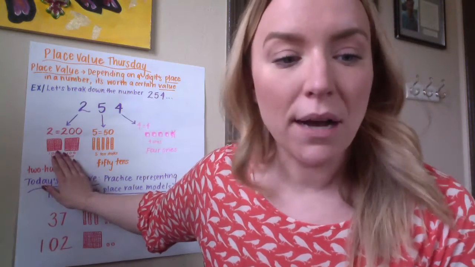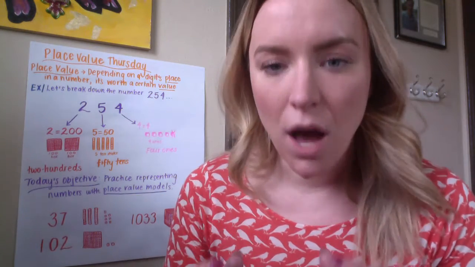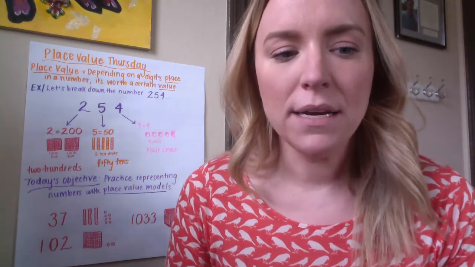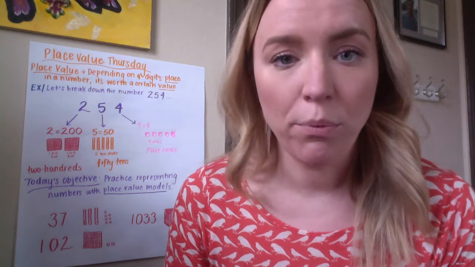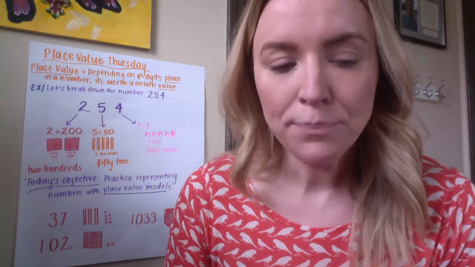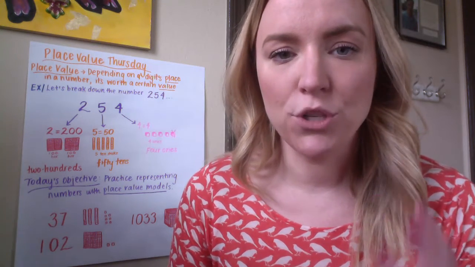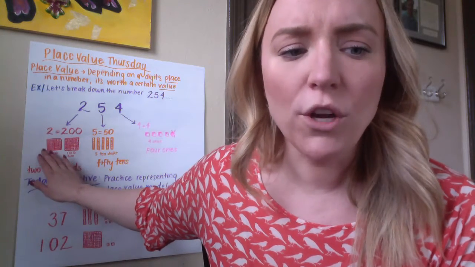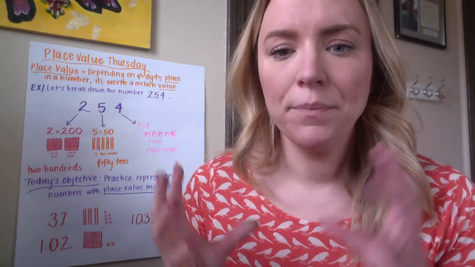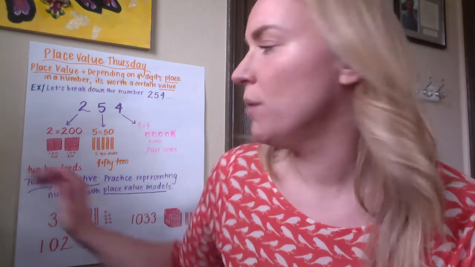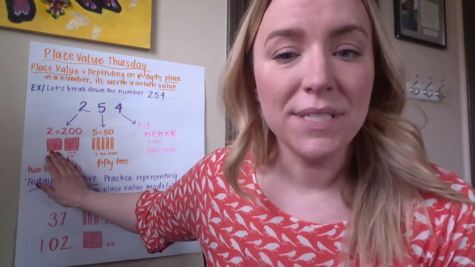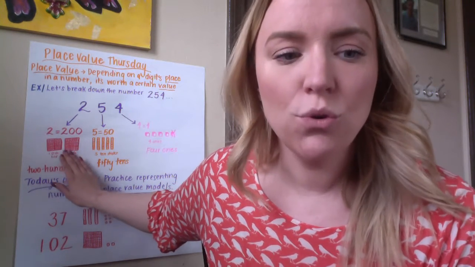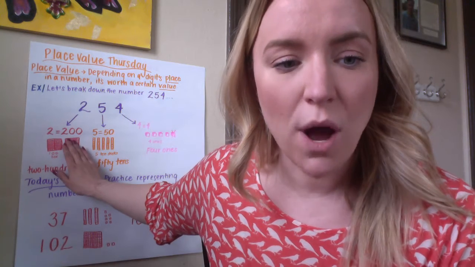A 100s box just represents the number 100, and we can use it to represent the number 200 by showing two of them. Your 100s box is just 100 ones together in a box form, or 10 sticks. So two 100 boxes represent 200.